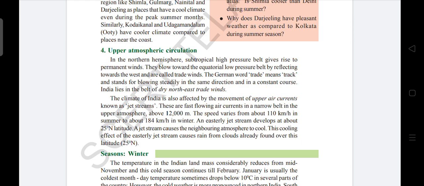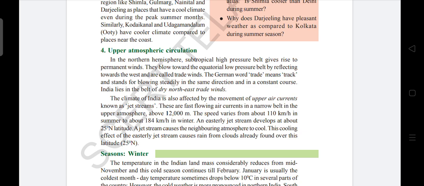An easterly jet stream develops at about 25 degrees north latitude. A jet stream causes the neighboring atmosphere to cool. This cooling effect of the easterly jet stream causes rain from clouds already found over this latitude.